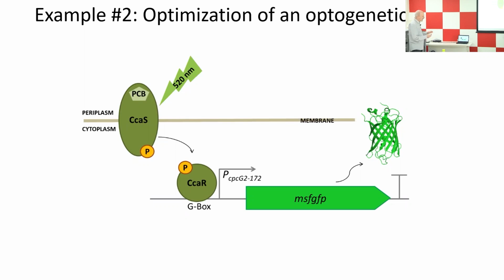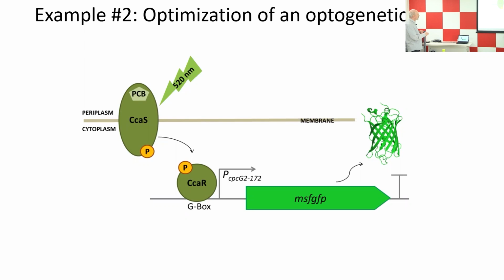And if you remember this E. coli photograph that I showed you the first day, I didn't give you details, but the system is based on a complex with this sensor called CcaS that recognizes a small molecule called PCB. PCB is a chromophore, a light-sensitive molecule, and then there is this two-component system, and then transcription is initiated.